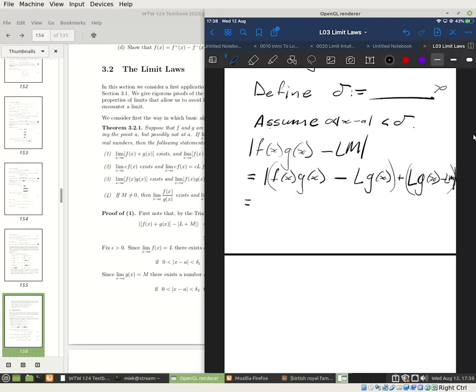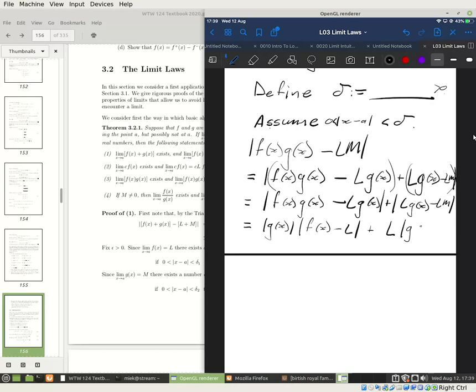So first what we're doing is we're applying the triangle inequality over here, like so, plus |L g of x minus Lm|, and now let's factor out what we can factor out. So this is equal to, factor out the g in the first term, |g of x| times |f of x minus L|, plus, and let's factor out the L, |L| times |g of x minus m|.